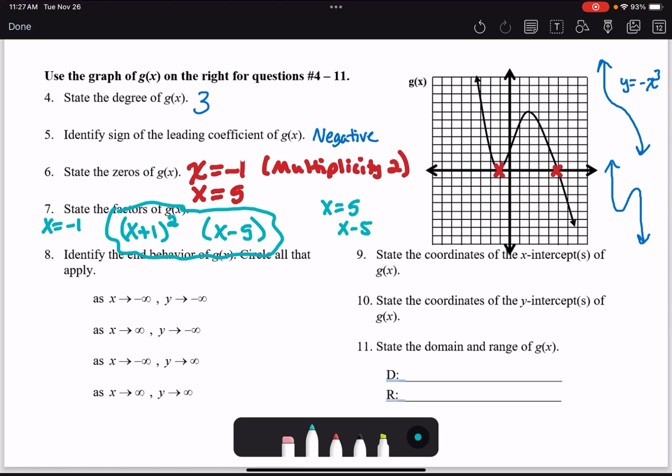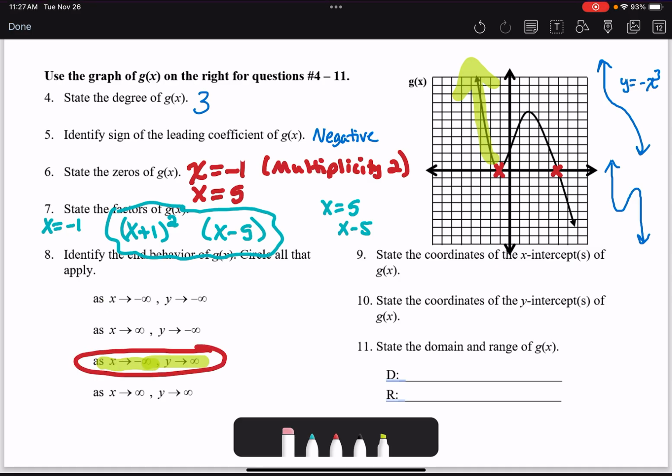Now we're moving on to our end behavior. So as x is going towards negative infinity, so that is this direction, which means I'm looking here. My y is trying to go to negative infinity. That is not true. It looks like as x approaches negative infinity, my y is going to positive infinity. So as my x's get really small, they're going to the negative direction.